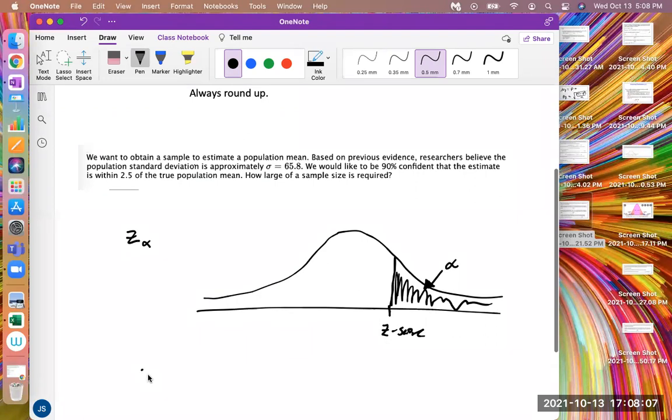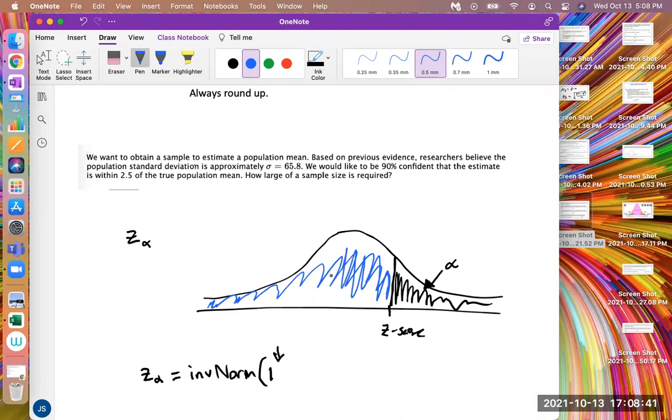So to find z alpha, we do inverse norm. Whenever we use the inverse norm function, it has to be the area under the curve to the left, and this particular notation always gives you the area under the curve to the right. It's giving you the black area, but you need to input the blue area, the area under the curve to the left.